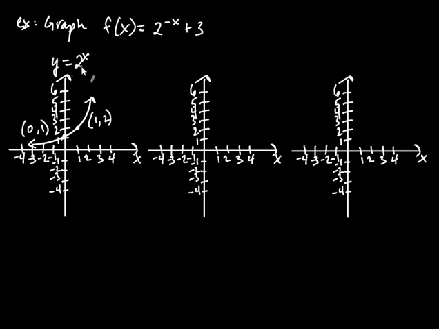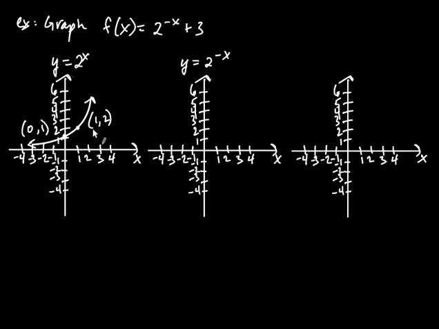We're going to apply transformations one step at a time and end up with our final function. The first thing we're going to do is replace x with negative x. So the function here is going to be y equals 2 to the negative x. When you replace x with negative x, that reflects the previous function across the y-axis.